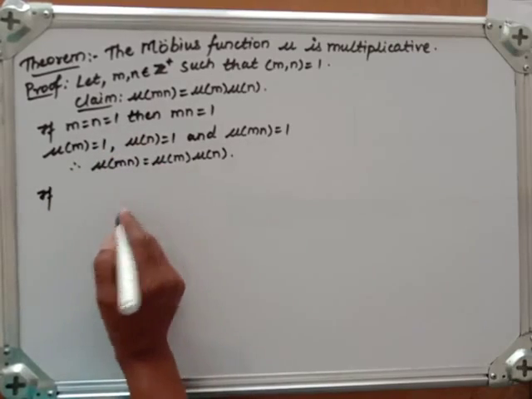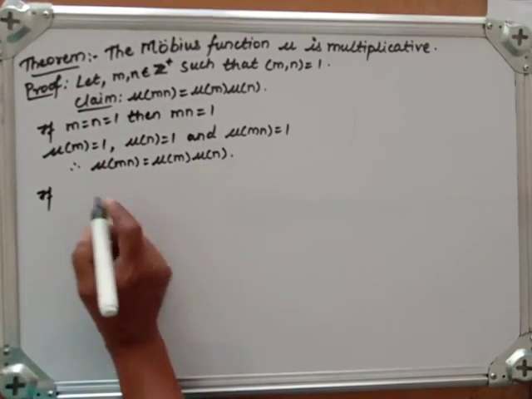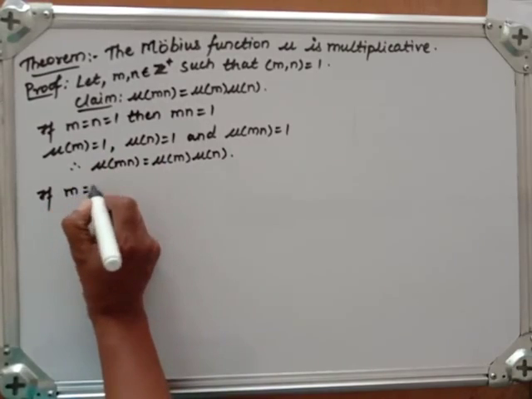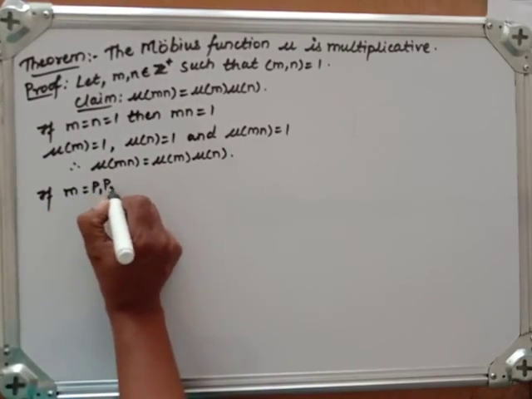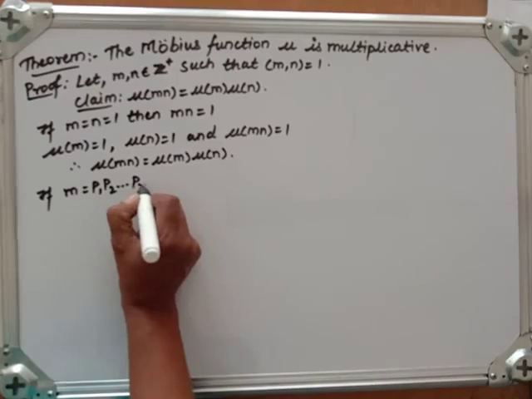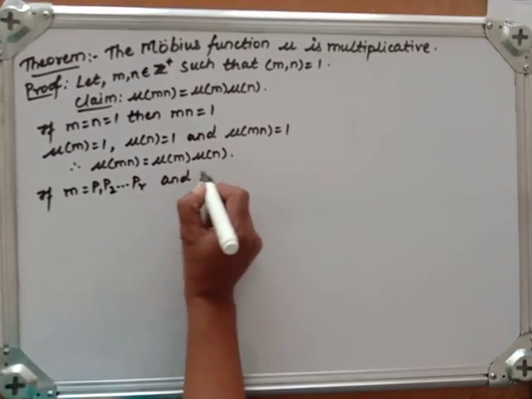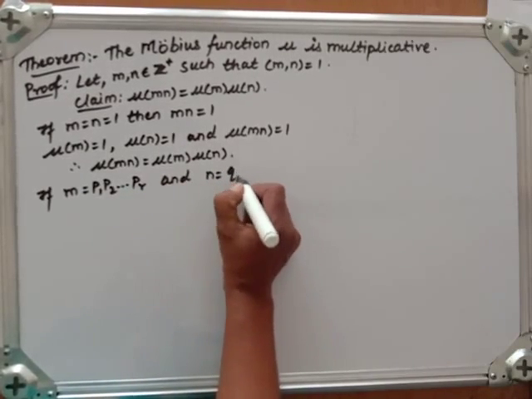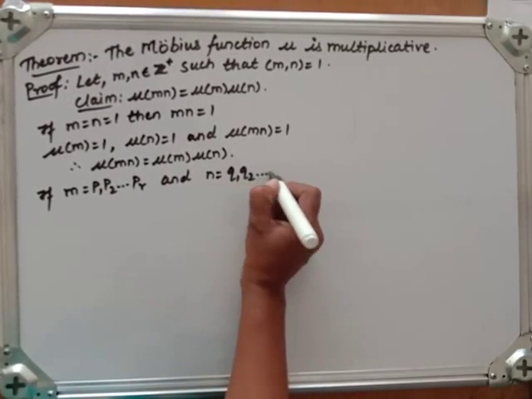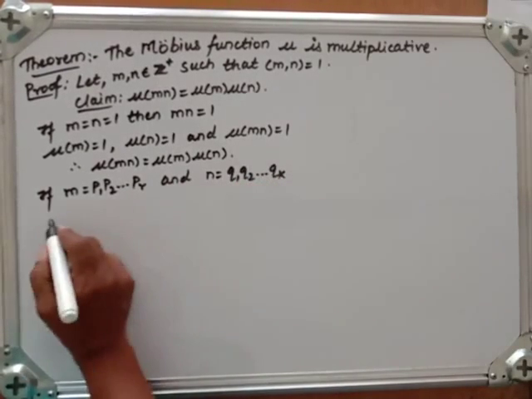If they are not 1, we can write them as a prime factorization. Suppose M is equal to P1, P2, and so on up to PR, and N is equal to Q1, Q2, and so on up to Qk.